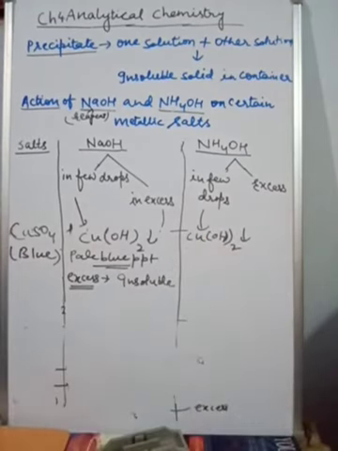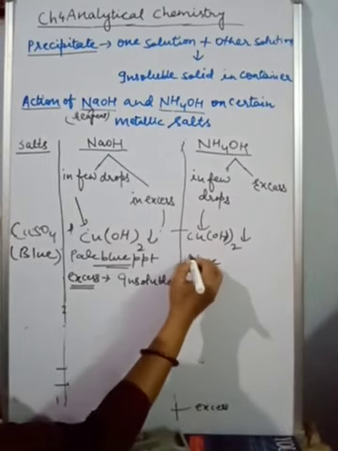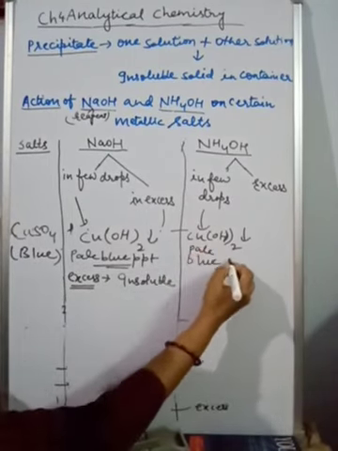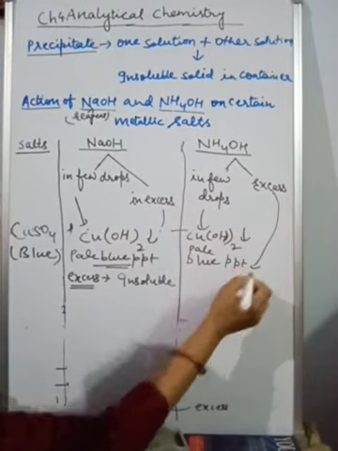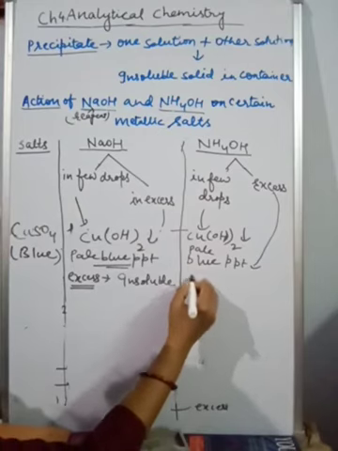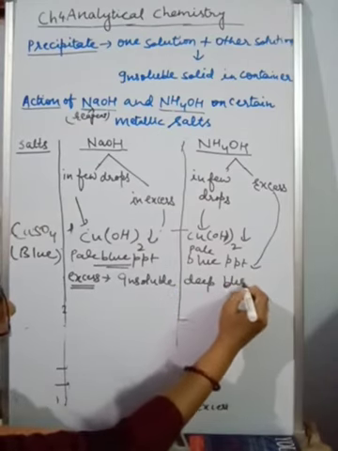In case of NH4OH also, when you add it, you will get a precipitate. Precipitate color obviously will be related to blue only. Here also we will get a pale blue PPT. But in case of excess, it turns into a deep blue solution.